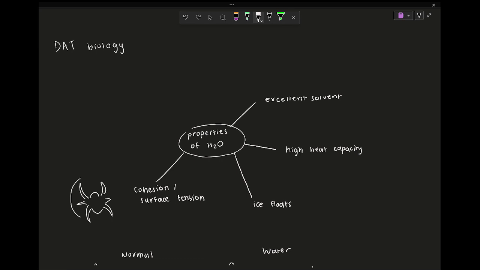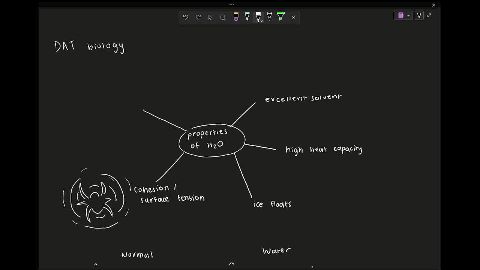It will stay on the top of the water because of surface tension and cohesive properties. This is because water is attracted to like substances, and thus it allows water bugs to float, for example, again.